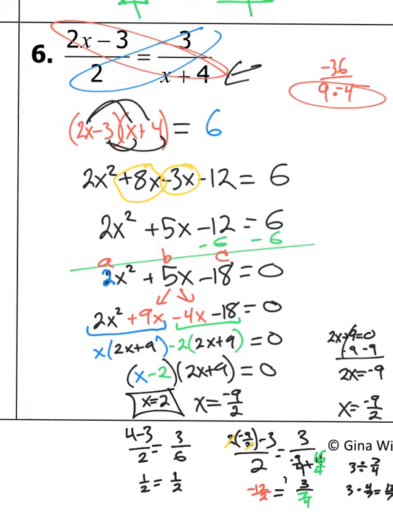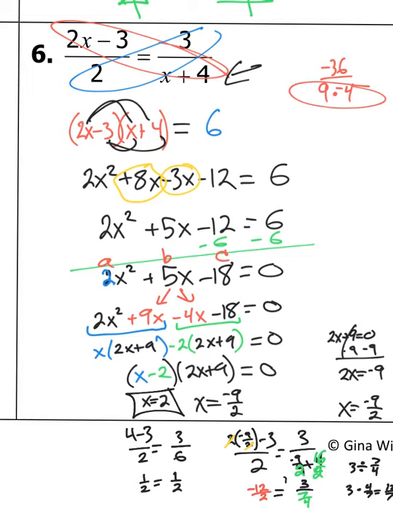So what the heck did I do wrong here? Oh, I know what I did. This is negative 9 over 2. I mistakenly wrote 9 over 4, so that should be a 2. Sorry about that.